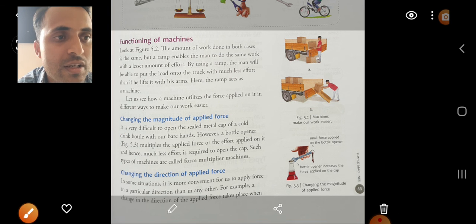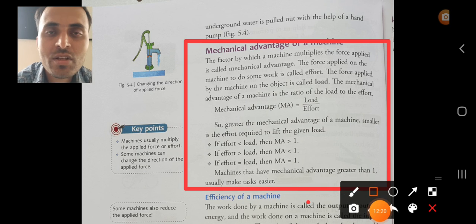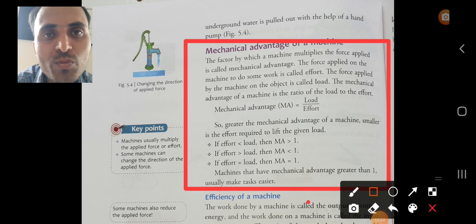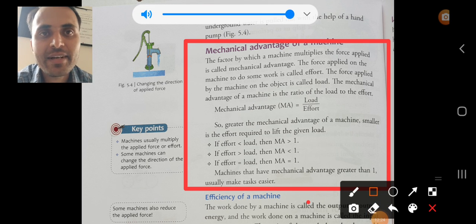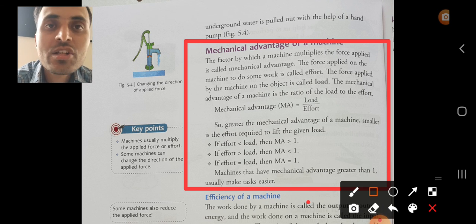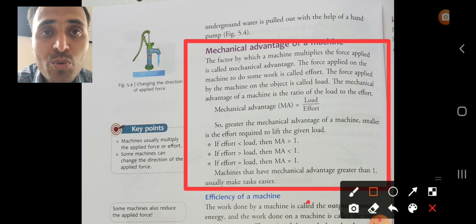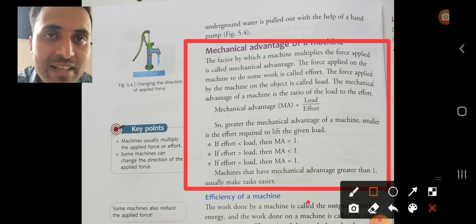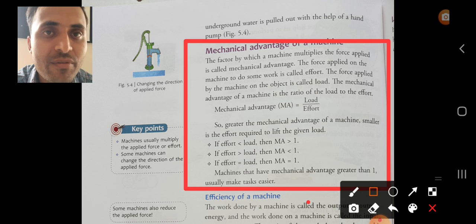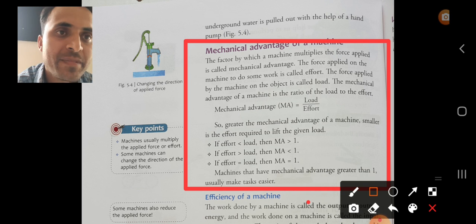Okay, now see the next point. We will move towards a new point, the mechanical advantage of a machine. Mechanical advantage means how effective the machine is, how the machine completes its given task within less time and with less effort.